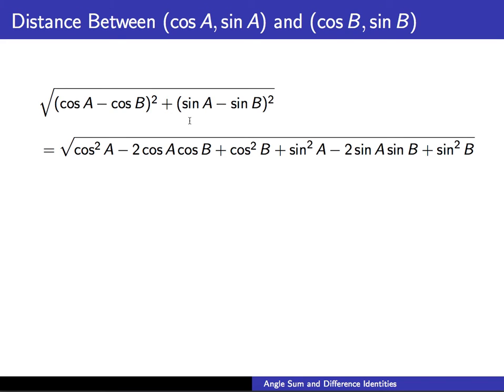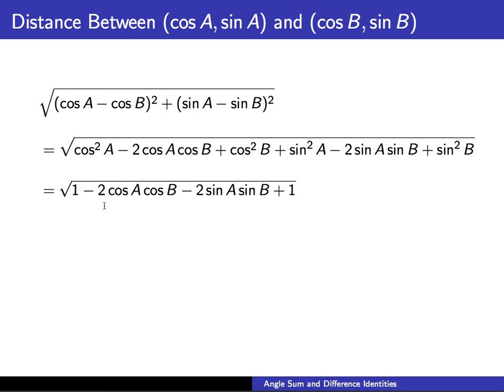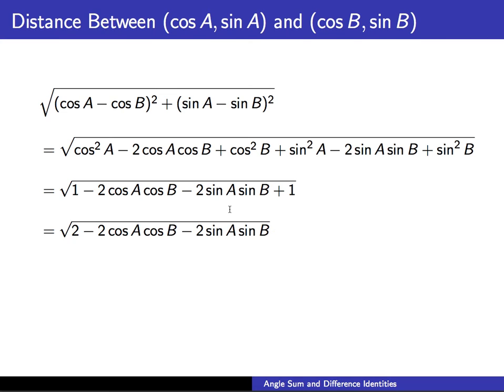Expanding all this out and doing some simplification, notice we have cosine squared A plus sine squared A, which we know to equal 1, and cosine squared B plus sine squared B, which we also know to equal 1. So that's where these 2 ones come from, and then we just copied each of the other long terms here. Combining our like terms, 1 and 1 is 2, and then copying everything else down, we're good to go.